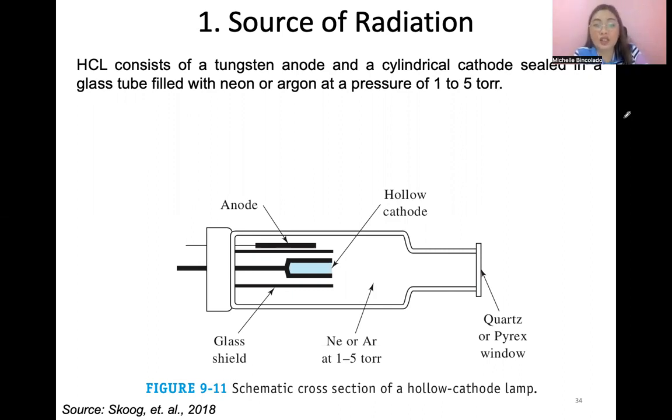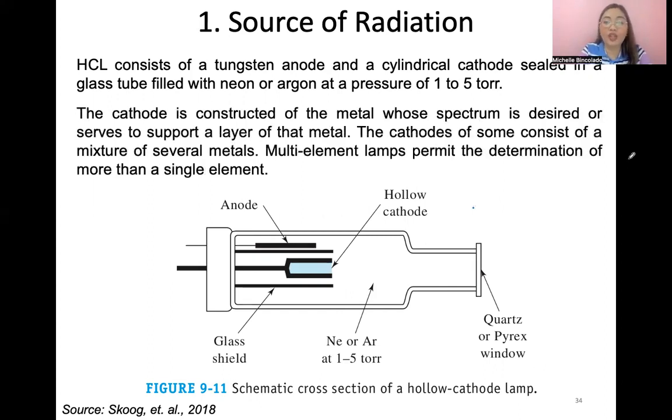This consists of a tungsten anode and a cylindrical cathode sealed in a glass tube filled with neon or argon at a pressure of 1 to 5 torr. The cathode is constructed of the metal whose spectrum is desired or serves to support a layer of that metal. Cathodes of some consist of a mixture of several metals. Multi-element lamps permit the determination of more than a single element.